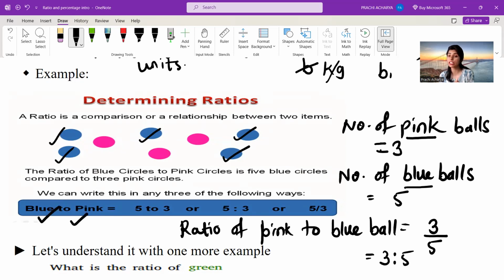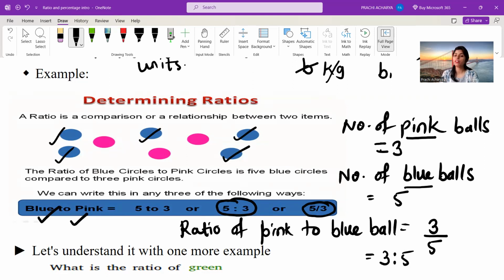So in that case, the ratio will change. Better you read carefully from which quantity to which quantity they are asking. In this case, for the ratio of blue ball to pink ball, your fraction will be 5/3 and then the ratio can finally be written as 5:3. I hope it is clear.